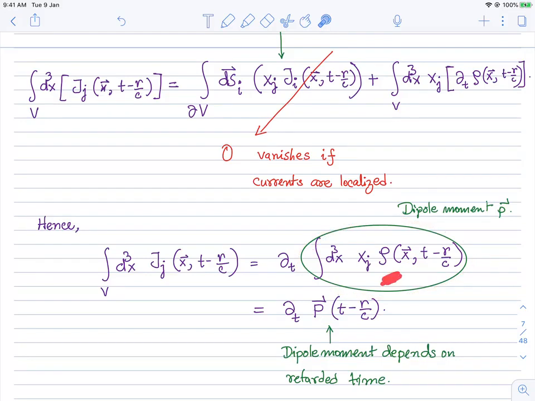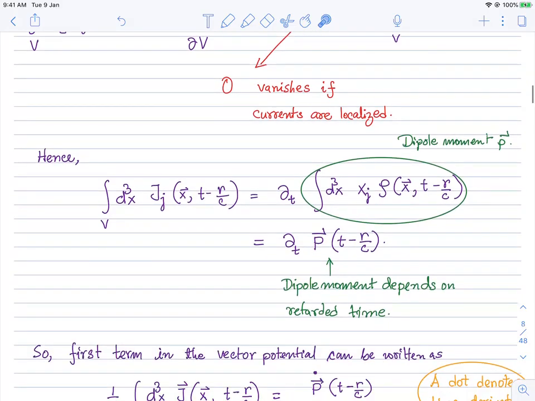The x is the variable which is integrated over, but the time dependence in the dipole moment will remain. Therefore, for a time-dependent charge density, the dipole moment is going to be time dependent. Because this is in retarded time, the dipole moment also should be in retarded time, and there should be a time derivative of it.